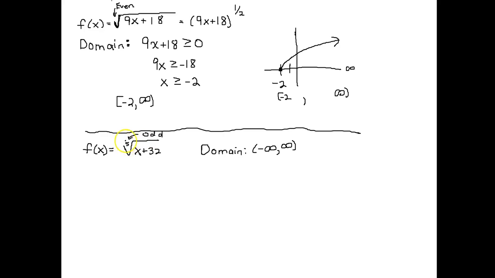If it's a cube root, a fifth root, a seventh root, your domain's automatically going to be negative infinity to infinity. Because with those, you have a curve that looks like this. So it extends forever to the left, forever to the right. So that's why the whole negative infinity to infinity.